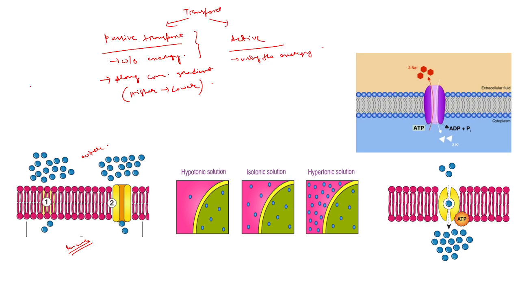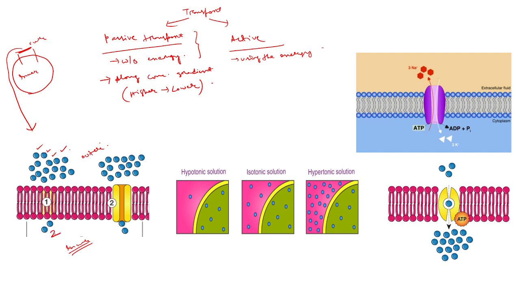Let's say this is the cell, this is the inner side and this is the outer side. Look at this molecule. It is present at a higher concentration on the outer side and a lower concentration on the inner side.